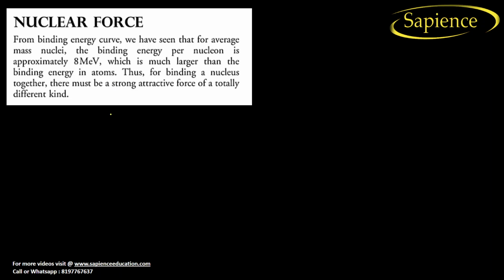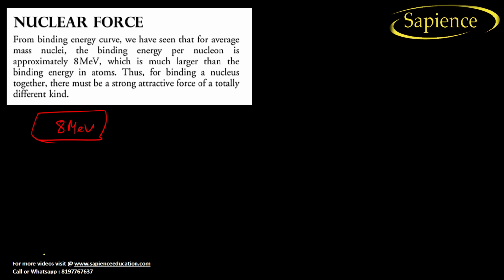Now I will talk about the nuclear force. What is nuclear force? From the binding energy curve, we have seen that for the average mass of nuclei, the binding energy per nucleon is approximately 8 mega electron volt, which is much larger than the binding energy of the atom. Thus, to hold the nucleus together, there must be a strong attractive force.